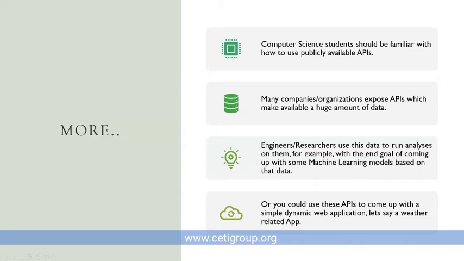We use it for some machine learning based projects to come up with some prediction model, based on that data. Or you could use these APIs to come up with a simple dynamic web application, like a weather related app. So the point of this slide is, as computer science students, you should be very familiar with many of these catchphrases and terms like APIs and developer accounts. This becomes very helpful going forward.